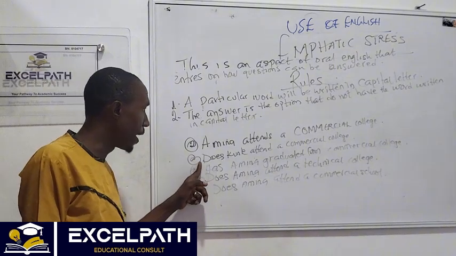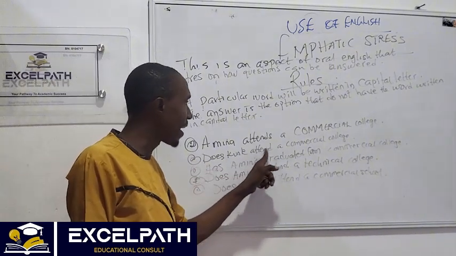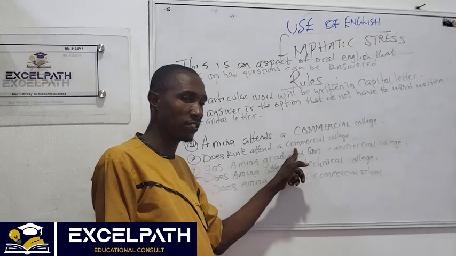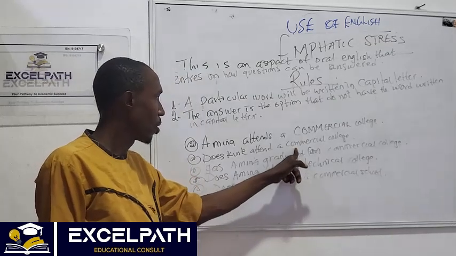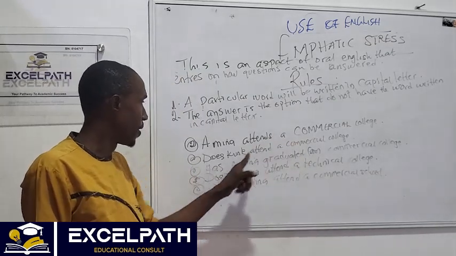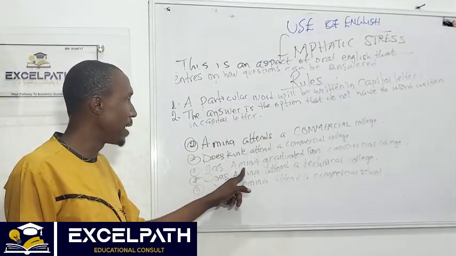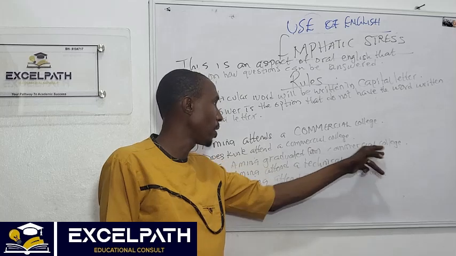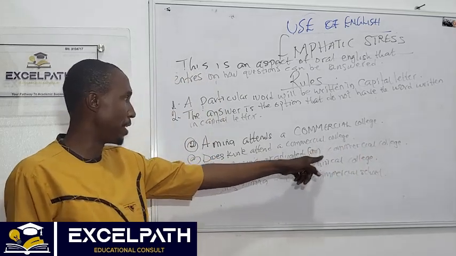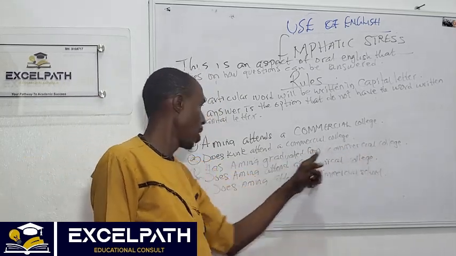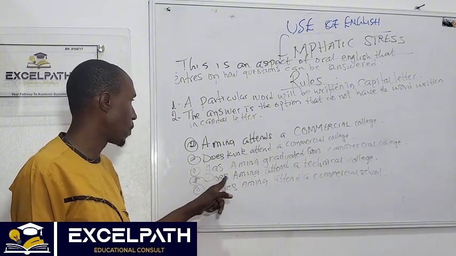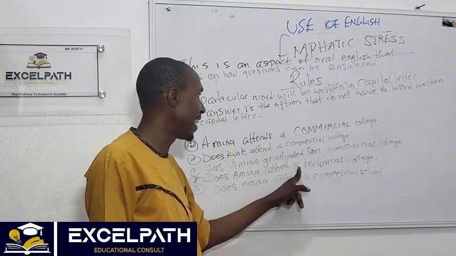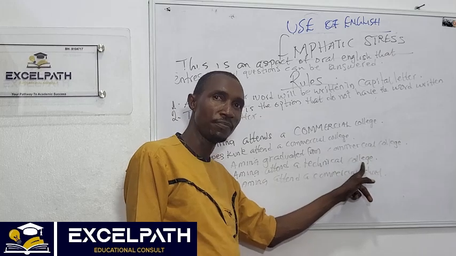Now look at option A. Does Kunle attend a commercial college? Commercial is there. Option B, has Amina graduated from commercial college? Commercial is there. Option C, does Amina attend a technical college?